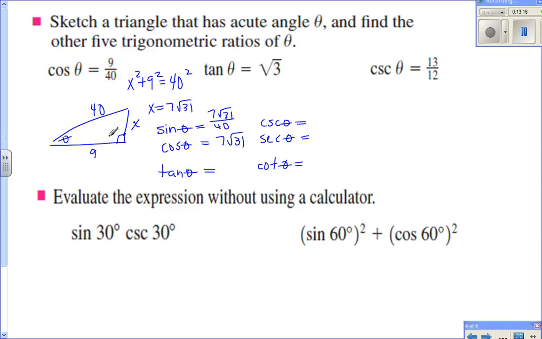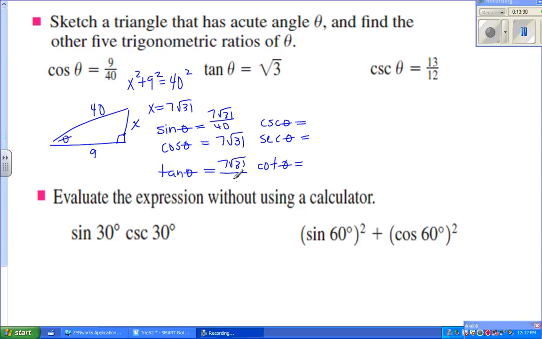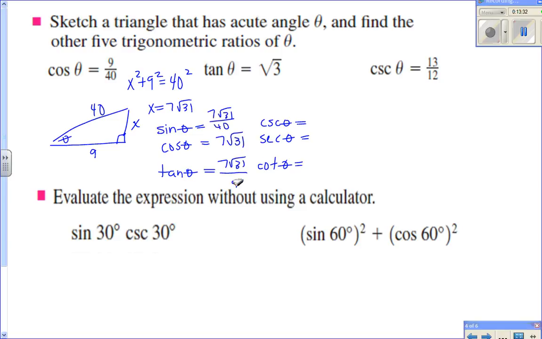And then opposite over adjacent for our tangent, so our opposite again, 7 times the square root of 31 over 9. And in my rush to get this done, because I'm running out of time, they gave us cosine, which cosine we know is 9 over 40. So we'd have cosine there as that instead of that 7 times the square root of 31. That 7 times the square root of 31 is just that side.